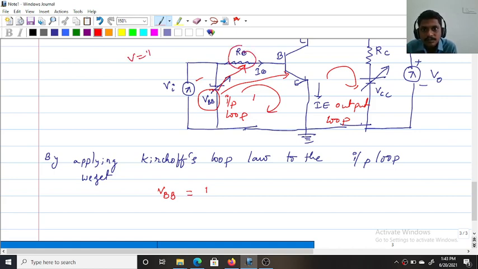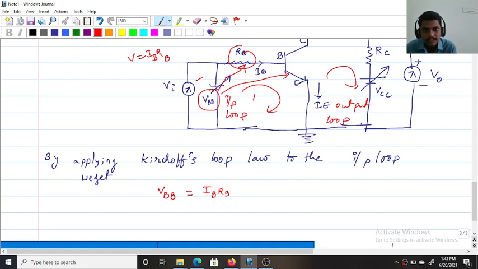From Ohm's law, V equals IR. The current across this resistor is IB, and the resistance value is RB. Therefore, the voltage across the resistor can be written as IB RB, from Ohm's law.